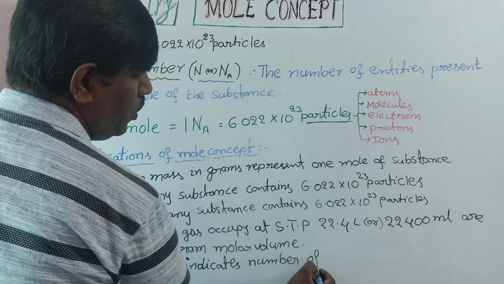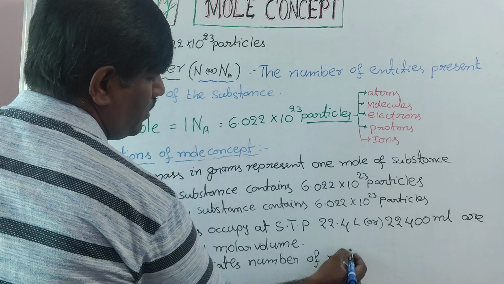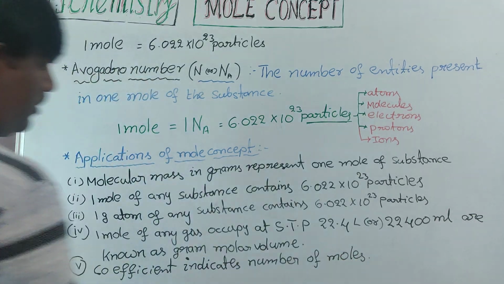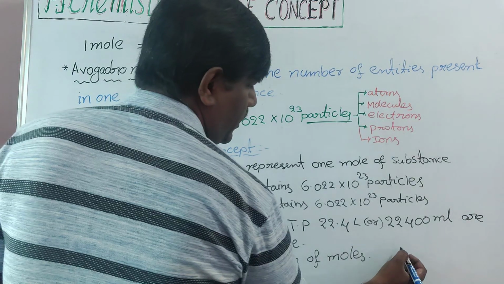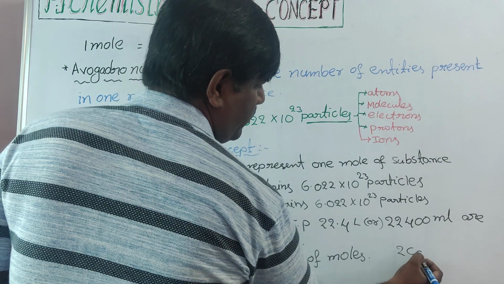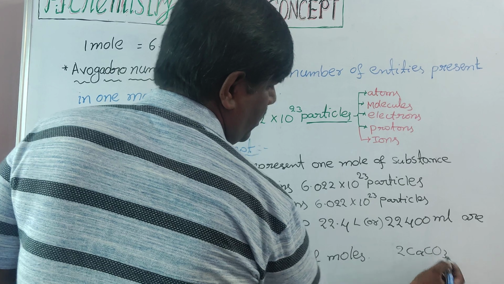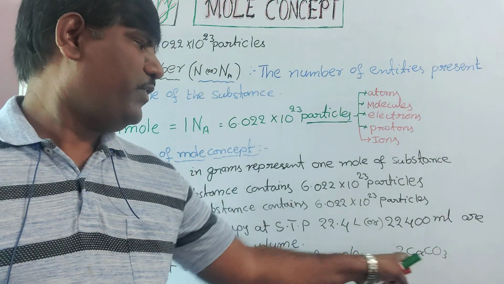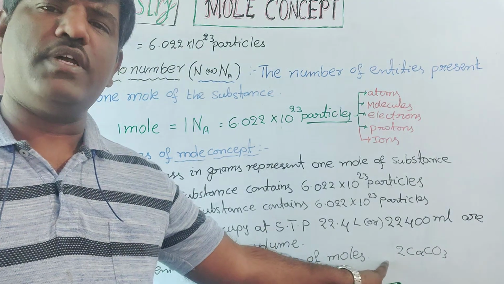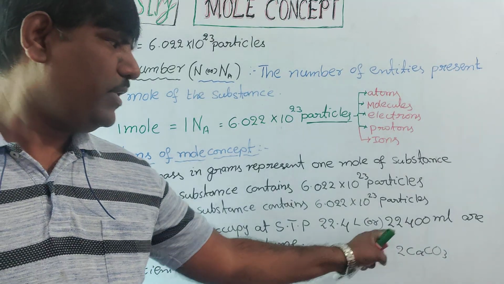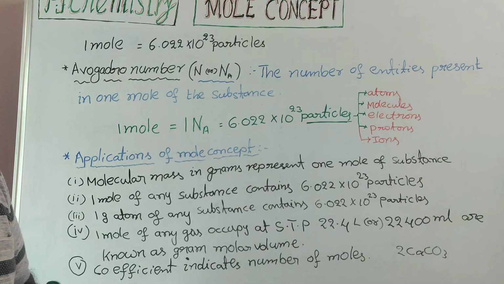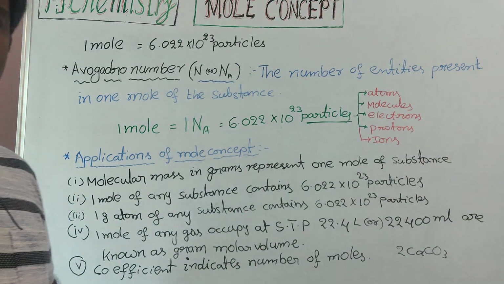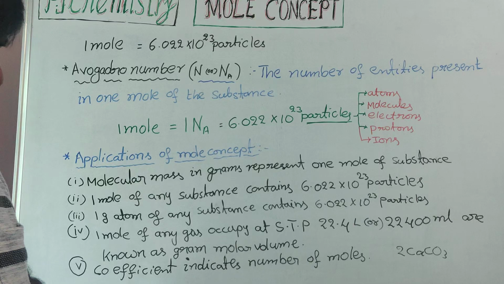If you write 2CaCO3, the number we give before the formula is the coefficient. How do we read this? 2 moles of calcium carbonate. Like that we need to read.